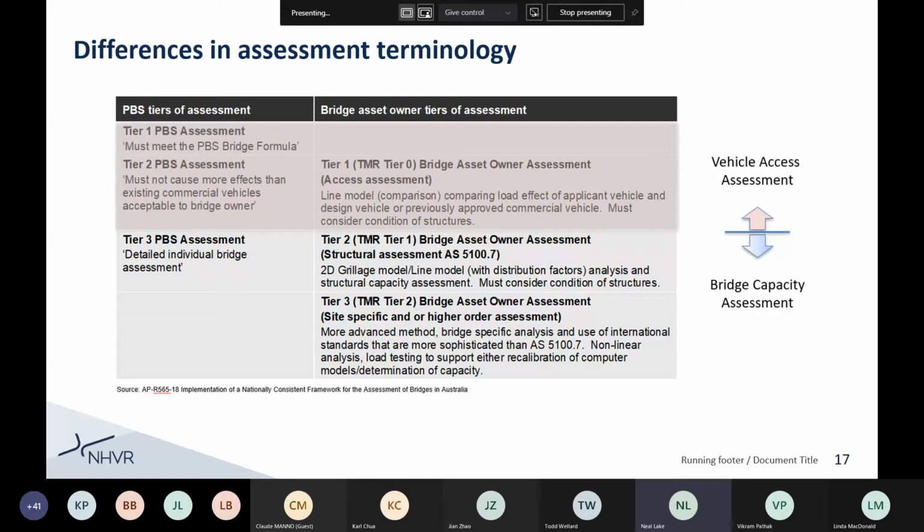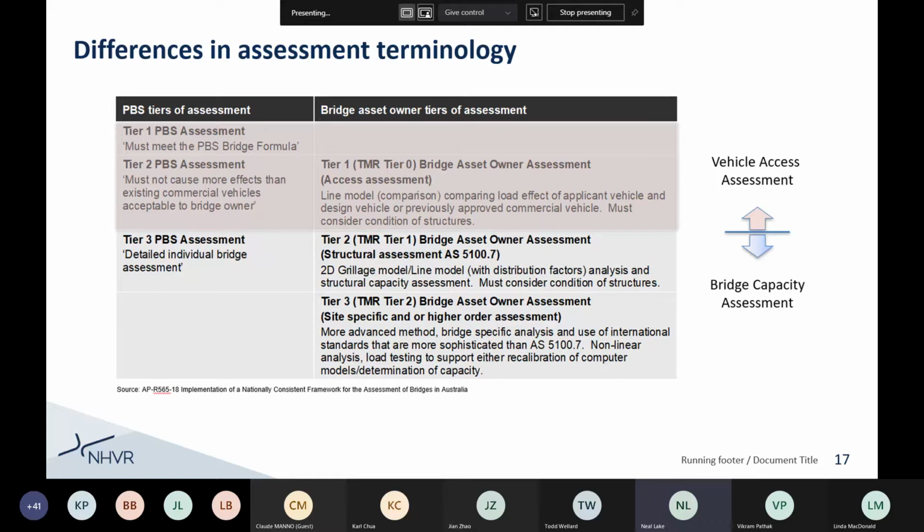Now, there is variation in that. A good example perhaps is TMR, where their tier 1 assessment they actually call a tier 0, and a tier 1 is equivalent to a tier 2, and then a tier 2 is equivalent to a tier 3. So it's really important when you're talking to people, particularly say suppliers, when you're trying to get a particular tier of assessment done.